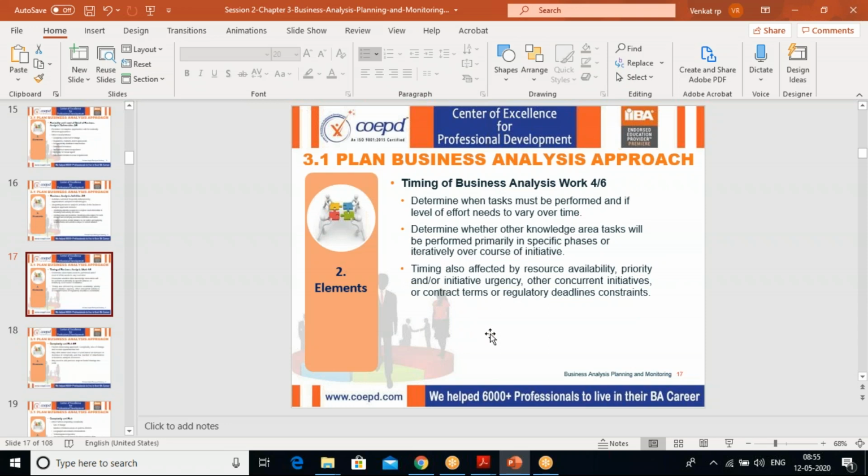And the timing of the business analysis work is very important. It determines when tasks must be performed, and if the level of effort needs to vary over time. That means it's not that wherever you want, you can work on it. Based on the context, situations and the urgency of the requirements of the deliverables, we will be contributing our work in that particular area.